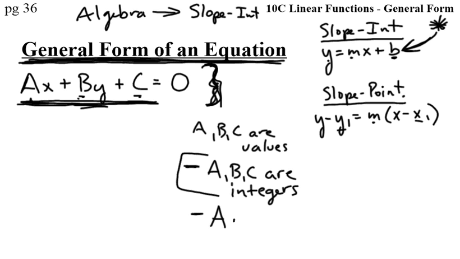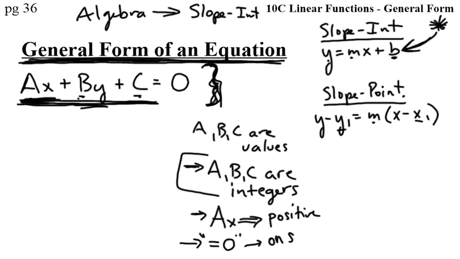The Ax term must be a positive term. We have to make sure this Ax is always positive. If it's negative, we need to rearrange things. So A, B, and C have to be whole numbers, the Ax term has to be positive, and the last thing is we have to have an equation that equals 0, which means everything on the same side. That's what we're looking at doing.